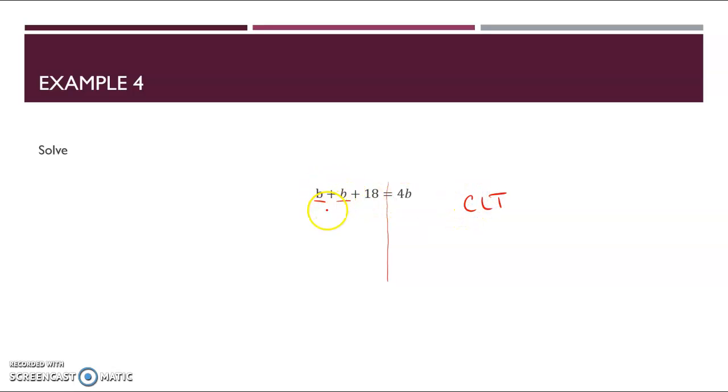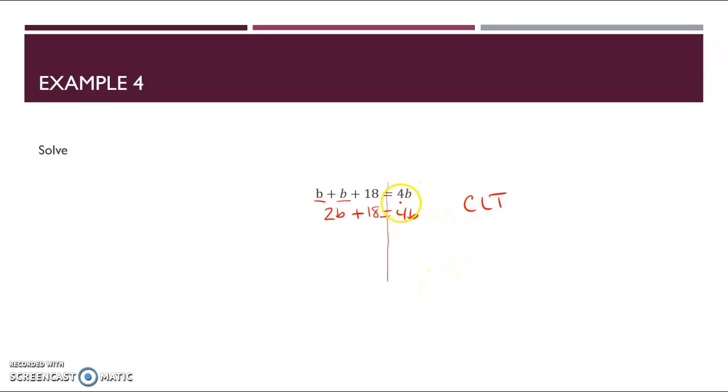B plus B is 2B, plus 18 equals 4B. So, to be or not to be. I talked about how, if it helps, you could go letters left. But if we did letters left at this point, we would have nothing left on the right-hand side.